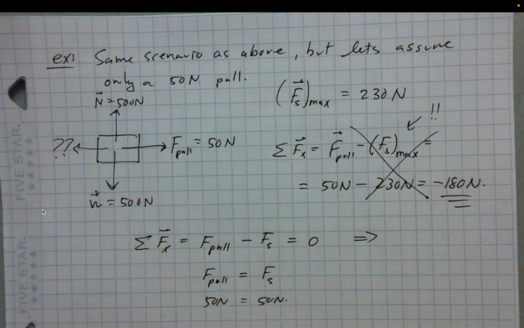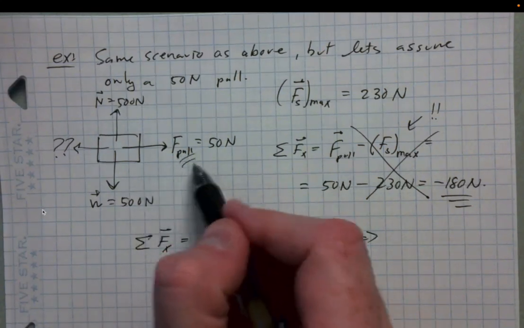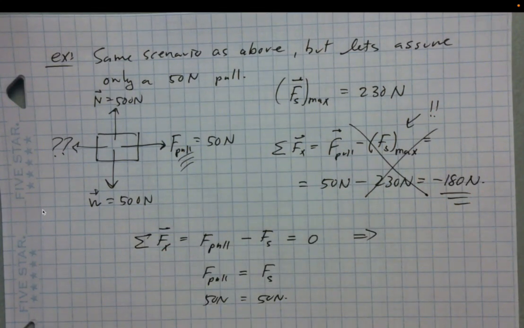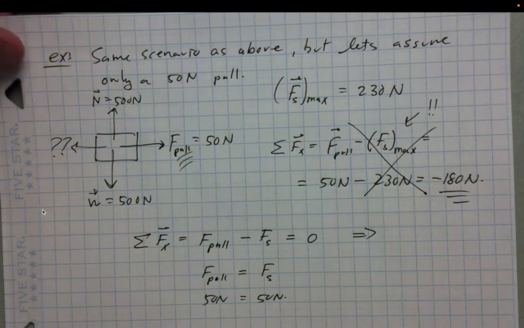Basically, the crate is just sitting there, and it's going to be sitting there for a long time until you dramatically increase this force. Okay. All right. Very good. So that's just another example of how the static friction force varies dynamically as the force it opposes increases or changes.